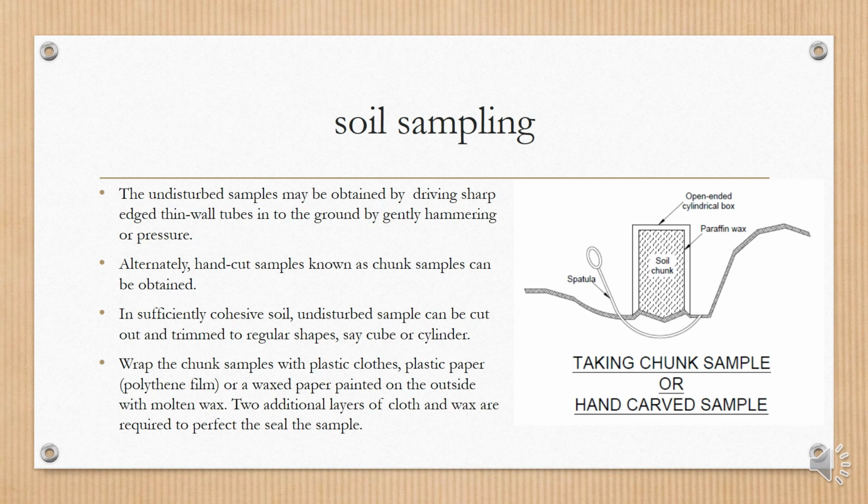Wrap the chunk samples with plastic cloths, plastic paper, polythene film, or a waxed paper painted on the outside with molten wax. 2 additional layers of cloths and wax are required to perfectly seal the sample.